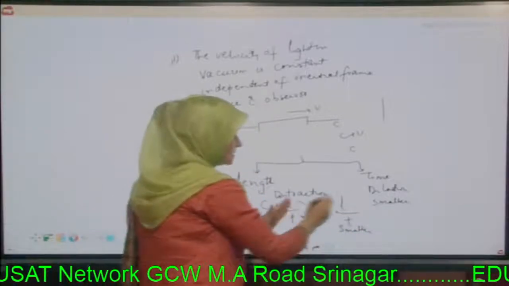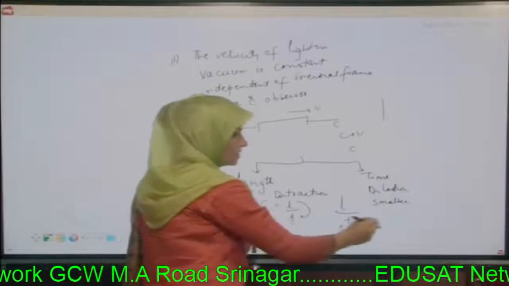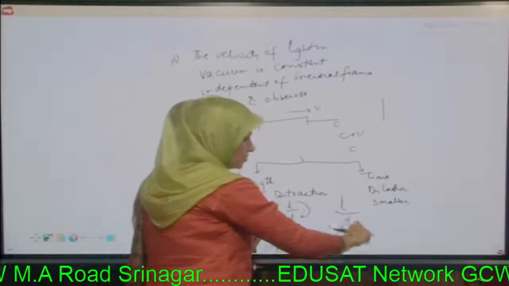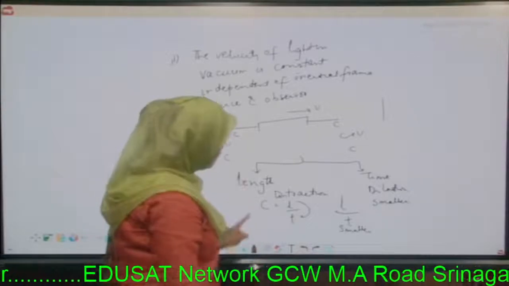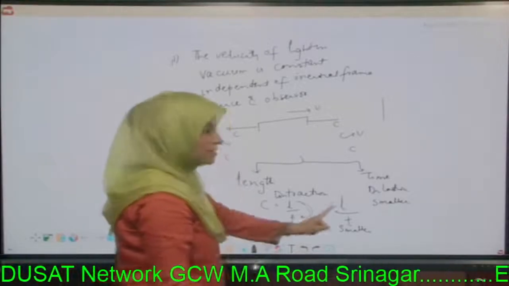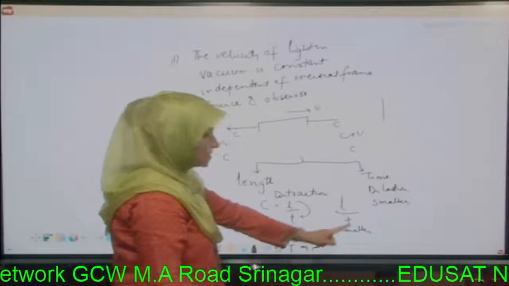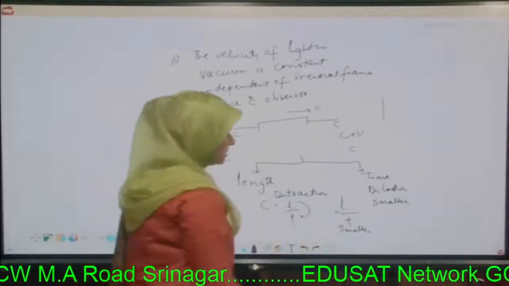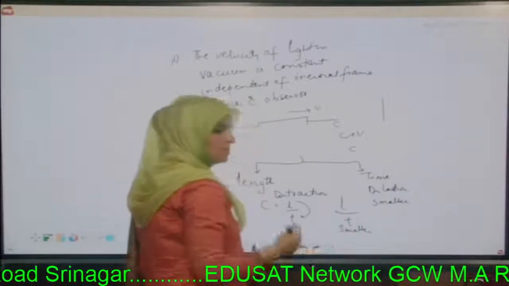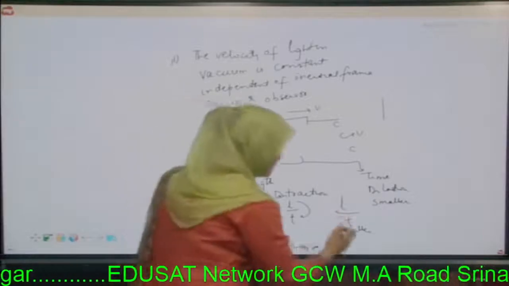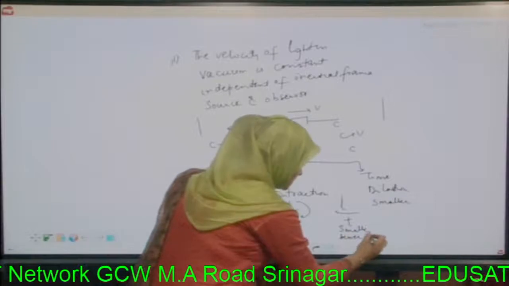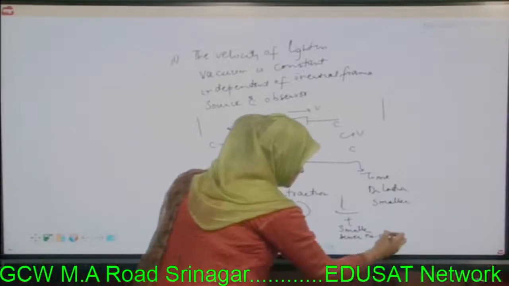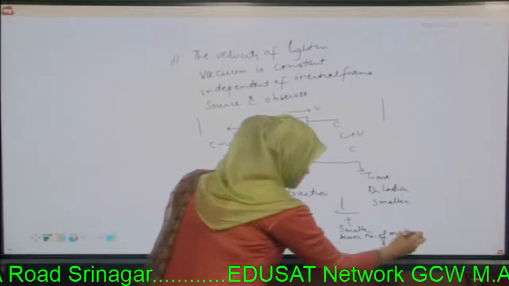Similarly, if length has a large value, the time too has to have a large value so that they change proportionately to keep this factor constant. Now, we say that the outcome of this postulate is that length contracts. If length contracts, time has to dilate. What does that mean? Dilation of time means the count of time will be smaller. We will be counting a lesser number of minutes, a lesser number of hours.